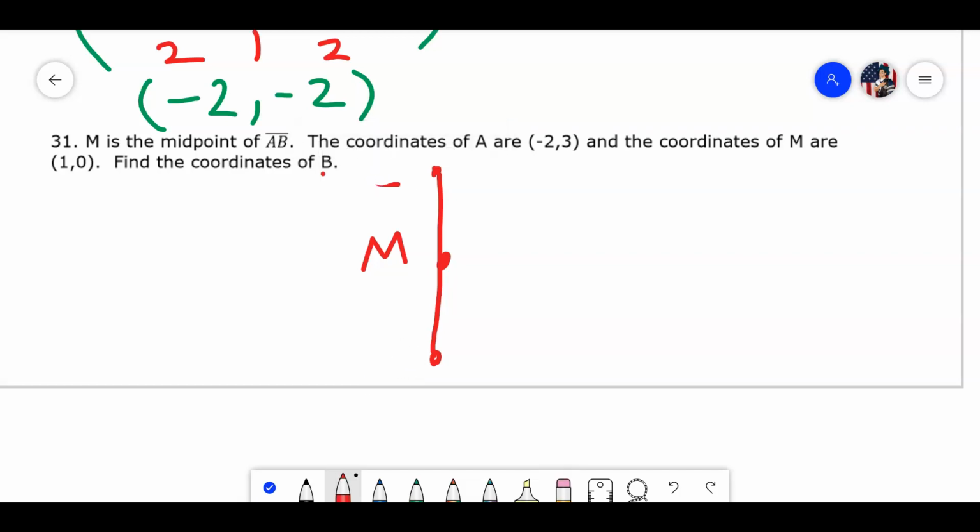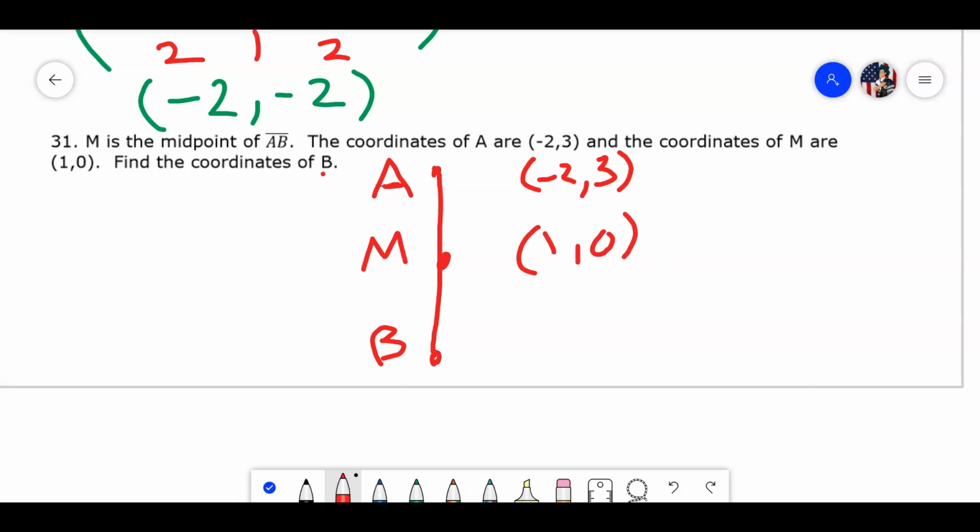They said the segment is AB, right? So we got A, midpoint, B, right? All right, so the coordinates of A are -2, 3. It doesn't really matter which direction it's going. And then M is 1, 0. Now the question is, what is B?